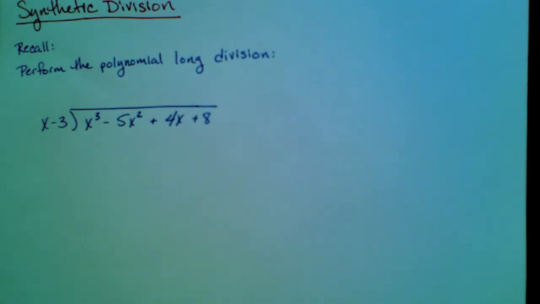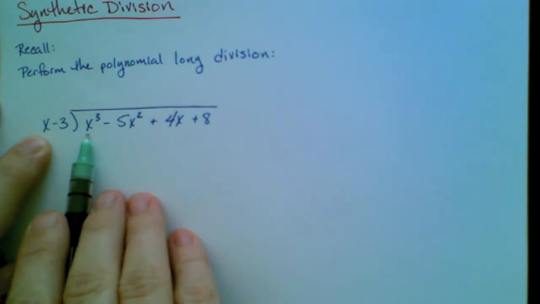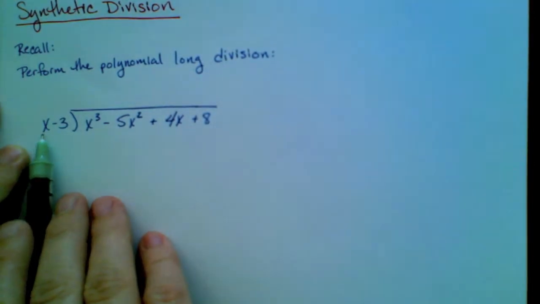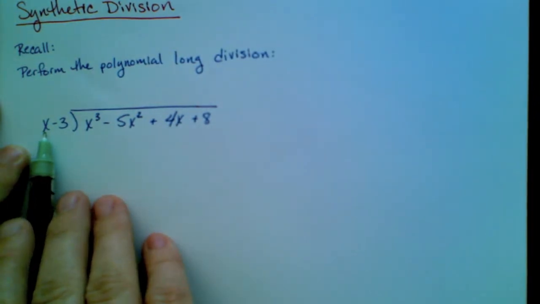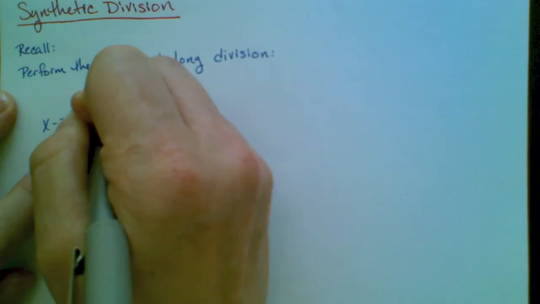So in order to do polynomial long division, I'm going to ignore everything except for the leading terms. And I'm going to divide x cubed by x. Another way to think about that is what would I need to multiply x by to get x cubed? And the answer is x squared.